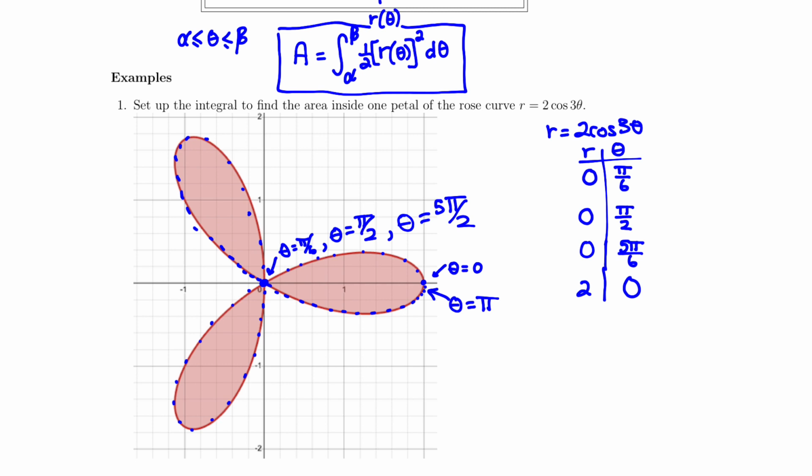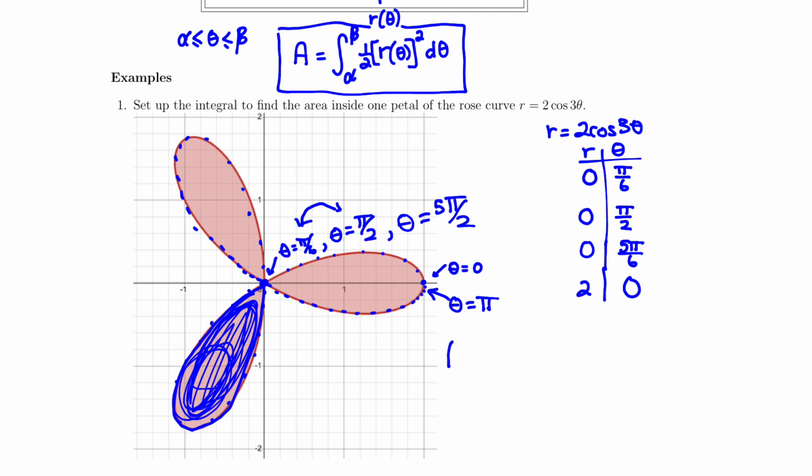So if I want to find the area inside one petal, you're right, James, I could find the area. Let's say I wanted to find it between pi over 6 and pi over 2 and use those as my limits. That actually, weirdly enough, would give me this area in here.